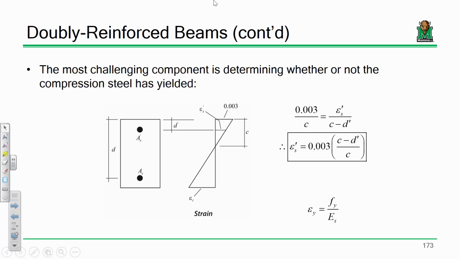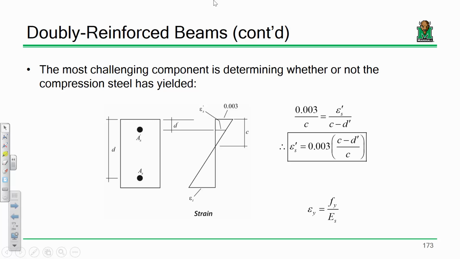Ultimately, regardless of what we determine here with these yields and these strains, we perform the analysis of a beam by assessing what? Compression equals tension, right? How do we determine the depth of our stress block?